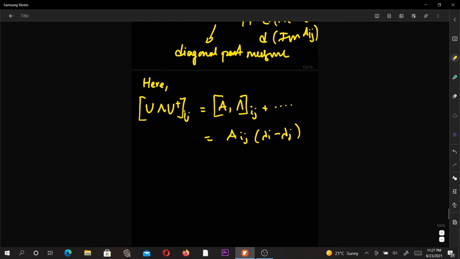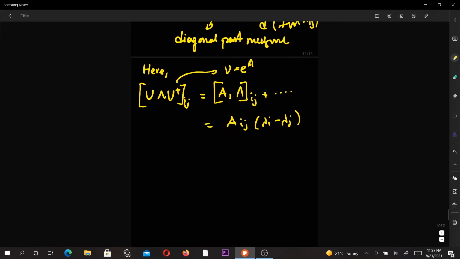Of course you can expand like this, and if you do the expansion, you'll see that you get a commutation relationship.